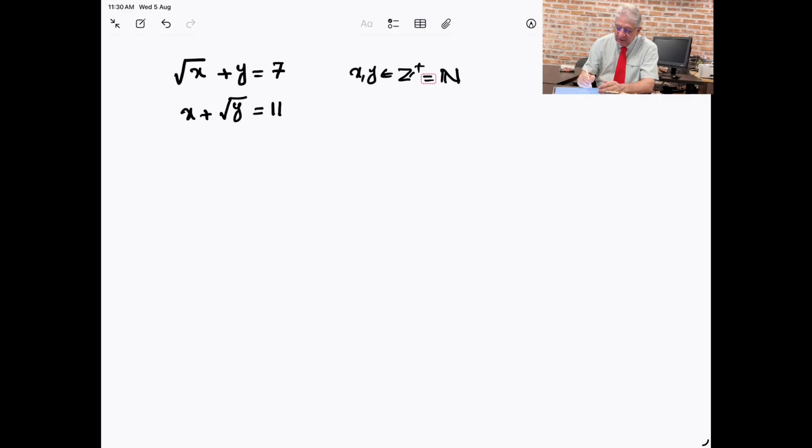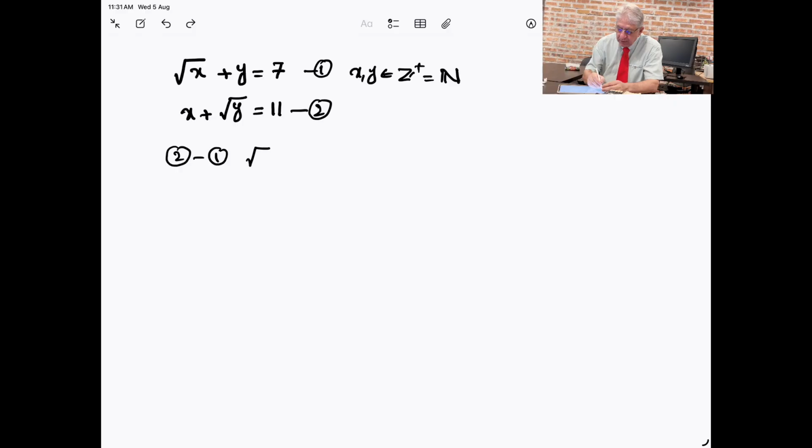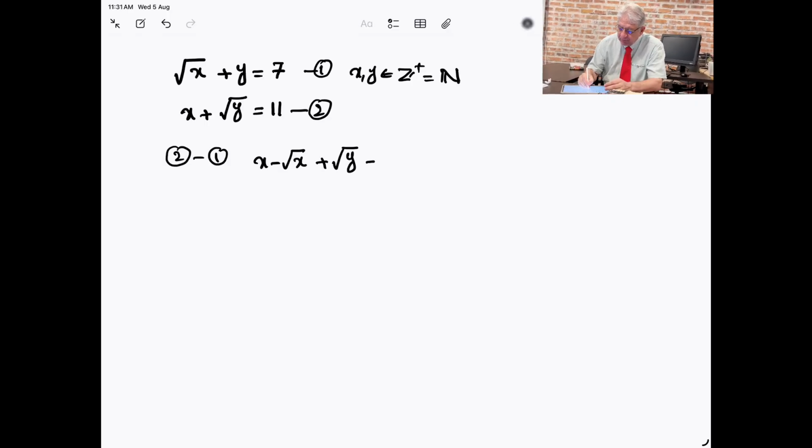If you call this one equation 1, and this one equation 2, I will do equation 2 minus equation 1. I'm going to get the square root of x, x minus the square root of x plus the square root of y minus y is equal to 11 minus 7.